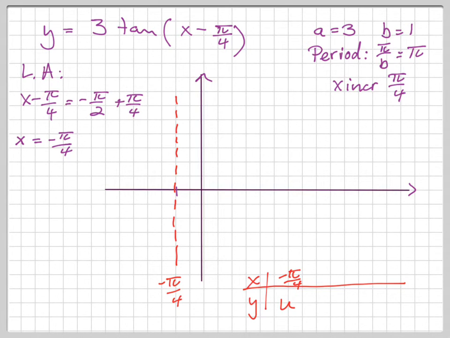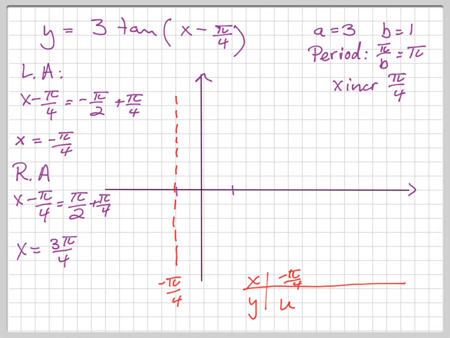Now let's find the right asymptote as well. We can just add pi to it because that's our period. Or we say x minus pi over 4 equals positive pi over 2. Think back to the basic tan function we just graphed. Now add pi over 4, and the right asymptote is at 3 pi over 4.